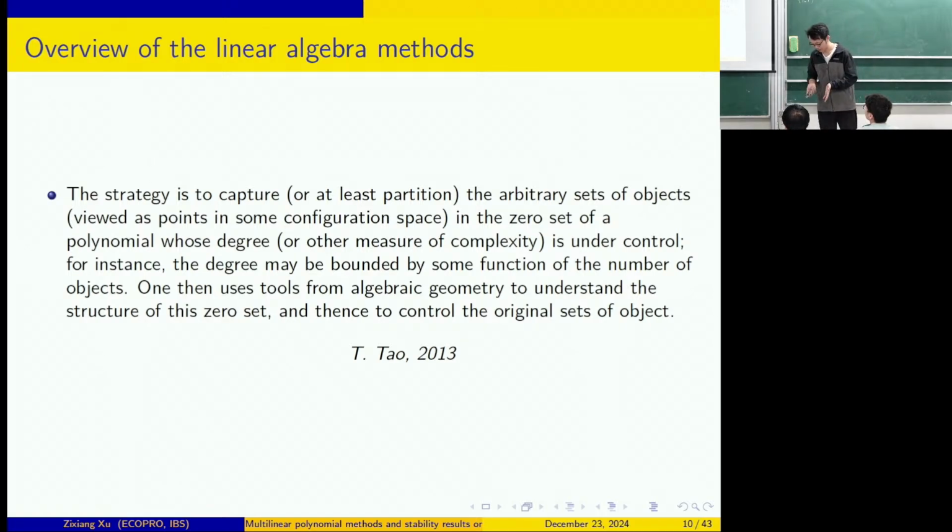Because we already know a lot about these algebraic objects, you can then go back and inversely control the original set of combinatorial objects.